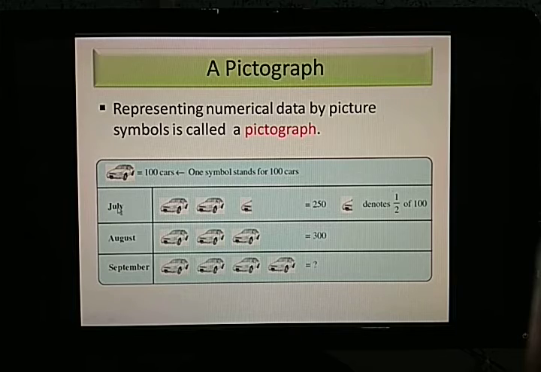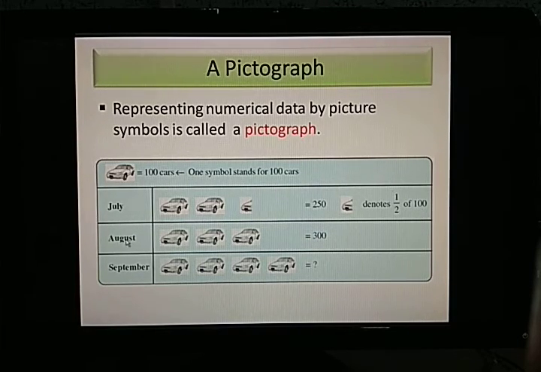You can see here in July it is given 2 and a half. This one single symbol denotes 100 as it is already given to us. So it will be 100 plus 100, 200, plus 50, 250. This represents half of 100.